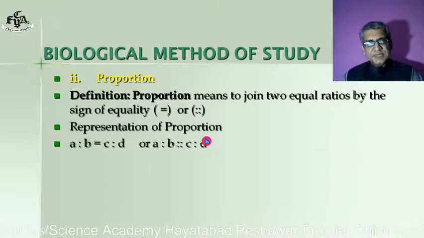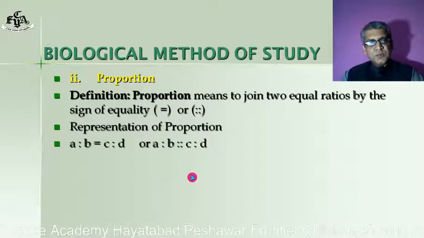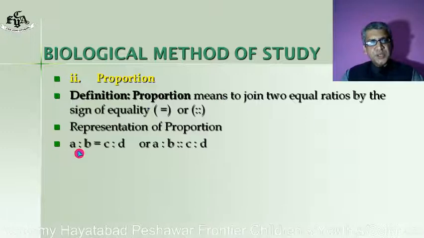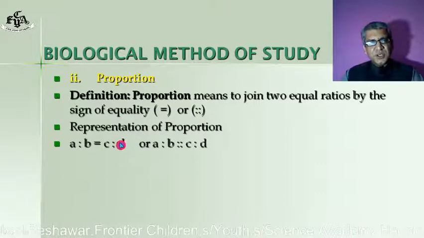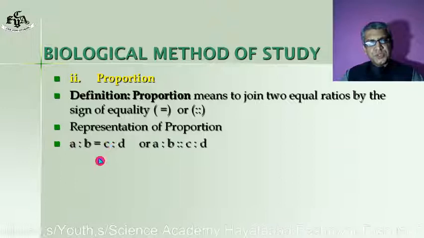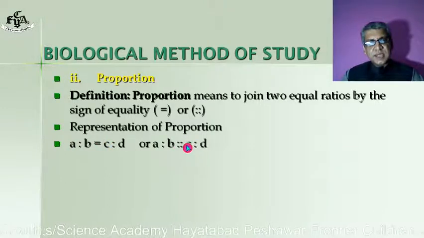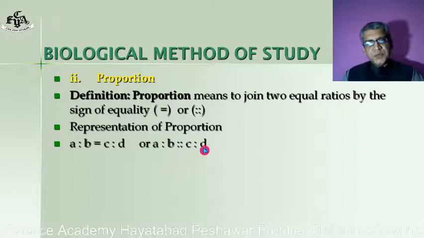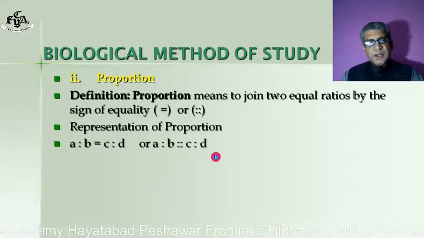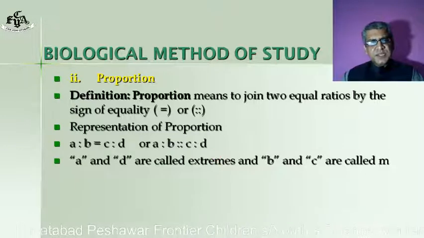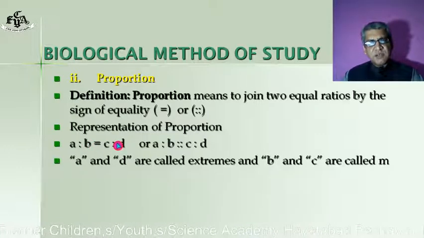Suppose this is one ratio, A ratio B, and this is another ratio, C ratio D. If we compare these two ratios, they can become a proportion, with the equality sign put between them. In the proportion, A and D are called extremes, and B and C are called means.